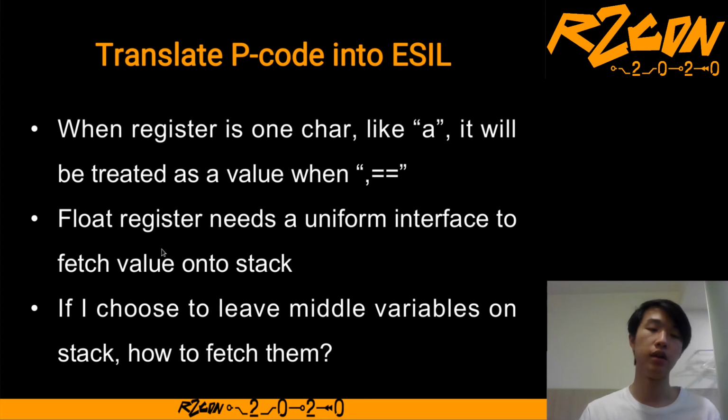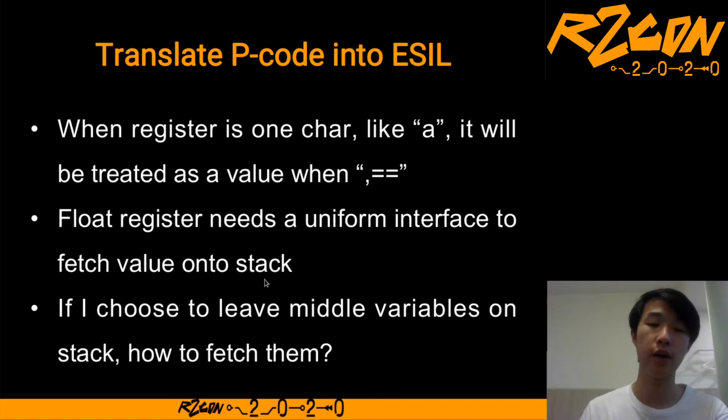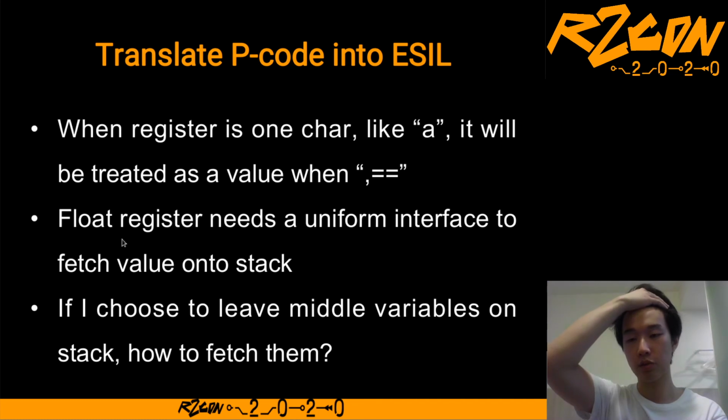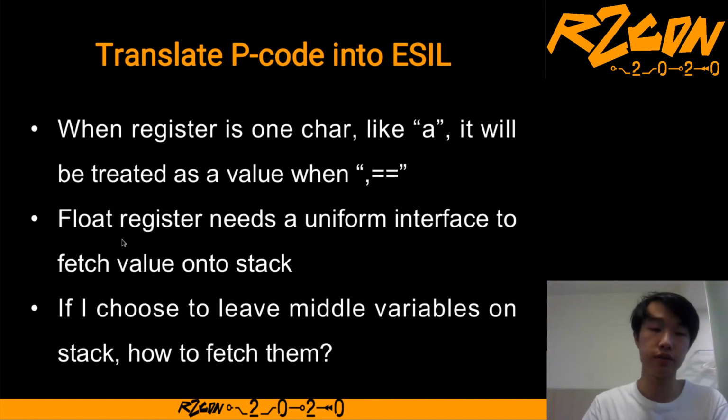Second, the float register needs a unique interface to fetch the value onto the stack, because current ESL doesn't support float arithmetic, just integer operations. So if you push a float register on the stack, the value fetch will not be properly performed. You will have to do it yourself.